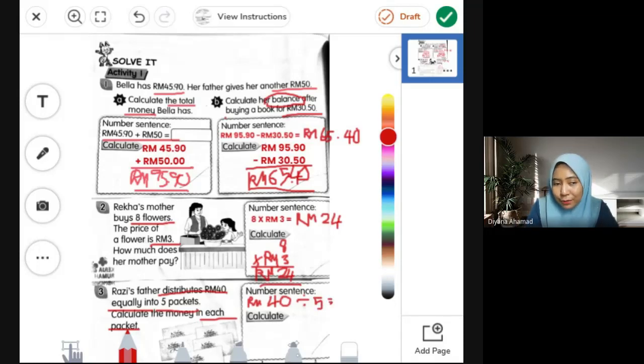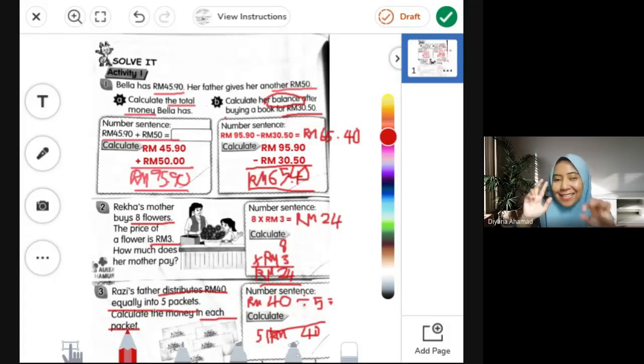Like I told you, divide is the opposite of times. So look at table 5. 5 times what equals 40? Everyone, write properly in your books. 40 divided by 5.